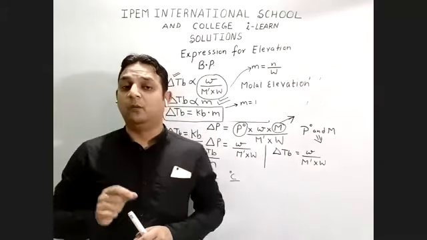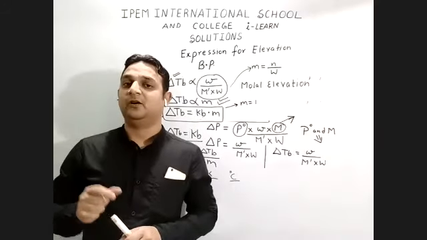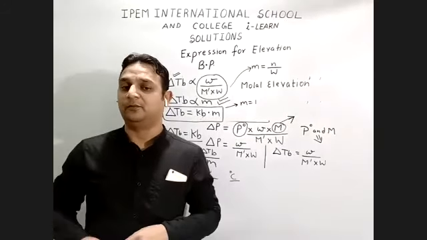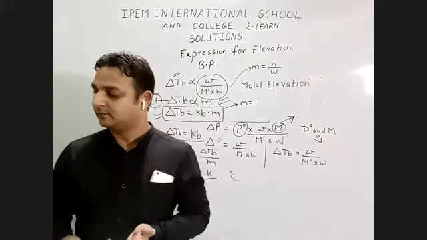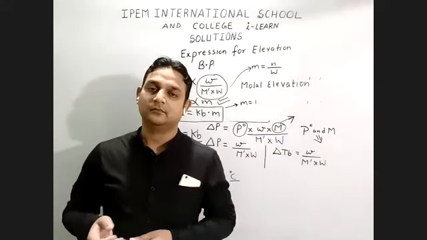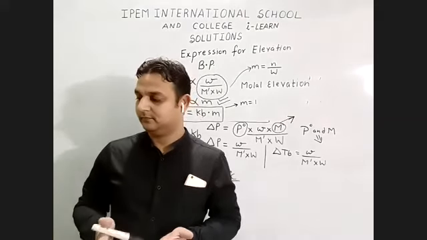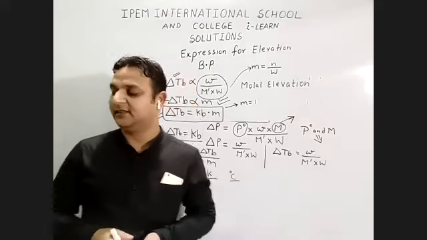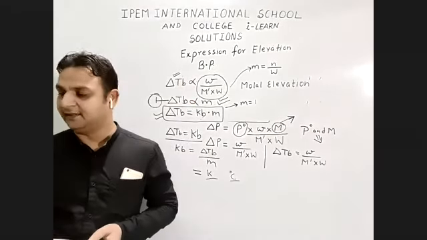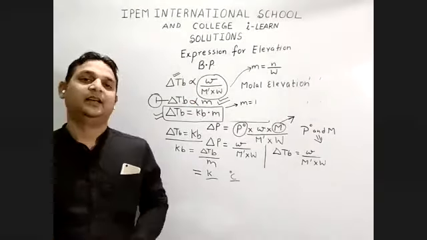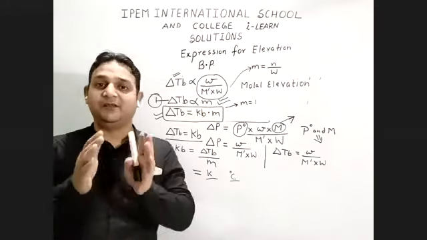If you want to prove why elevation of boiling point is a colligative property, how will you prove it? Yes, anyone? Actually, we write the expression: delta TB is directly proportional to molality.